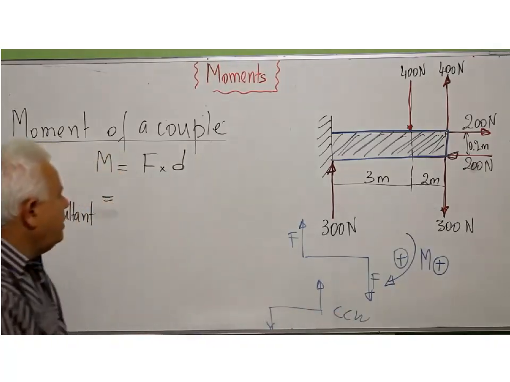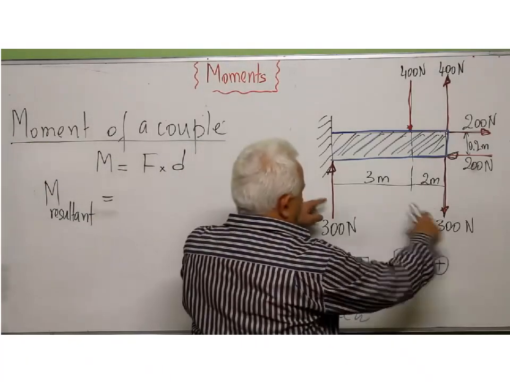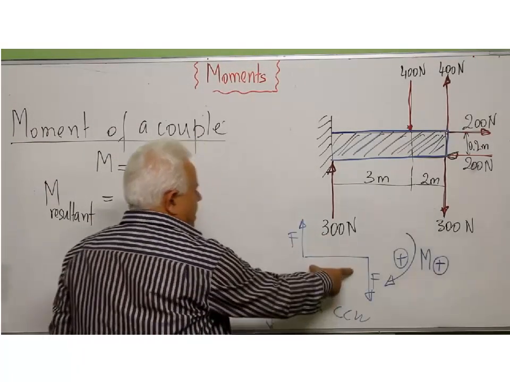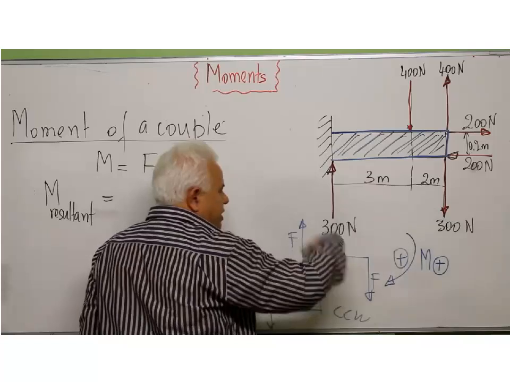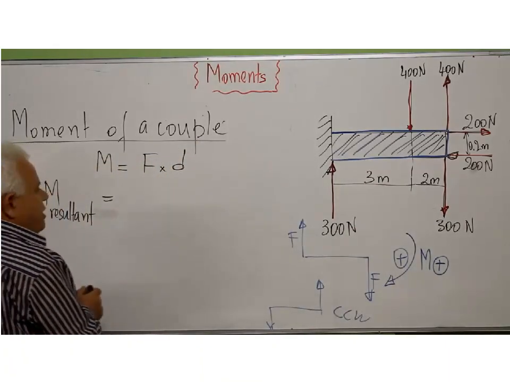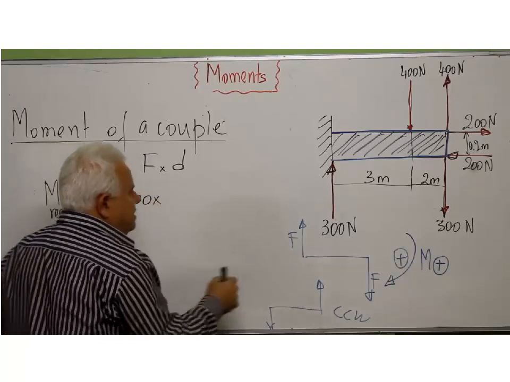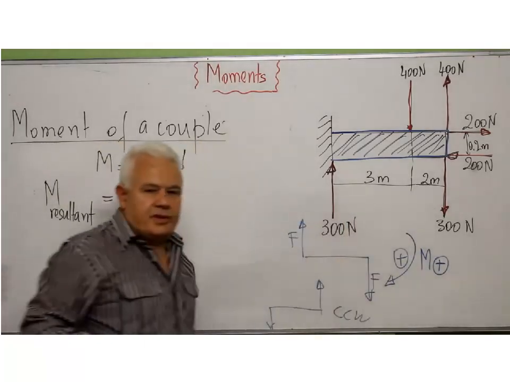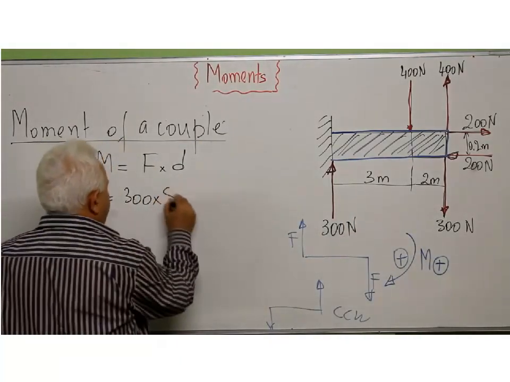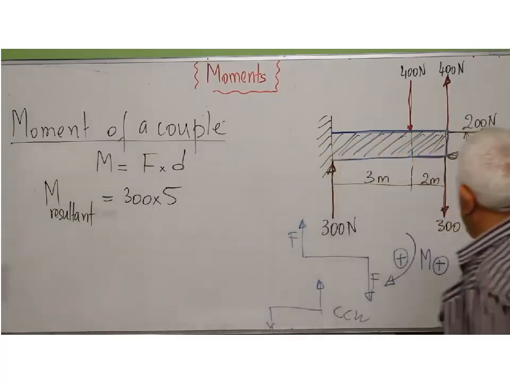So I start with the 300. 300 is, according to this configuration, positive, and its moment will be the force, which is 300, times the distance that separates the two forces, which is 5. Now I move to this one.